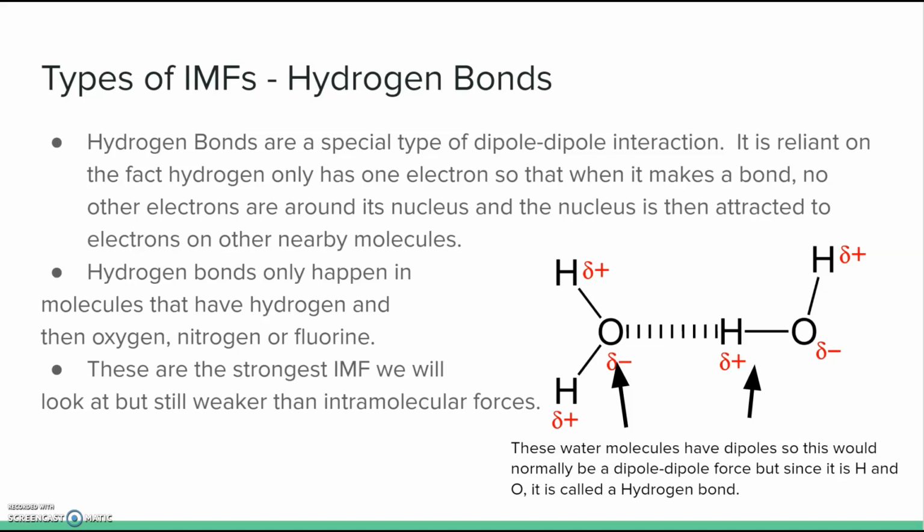These are the strongest IMF we will look at, but they're still weaker than intramolecular forces. In the image, you can see that the hydrogen on the right water molecule is attracted to the oxygen's electrons in the left-hand molecule.